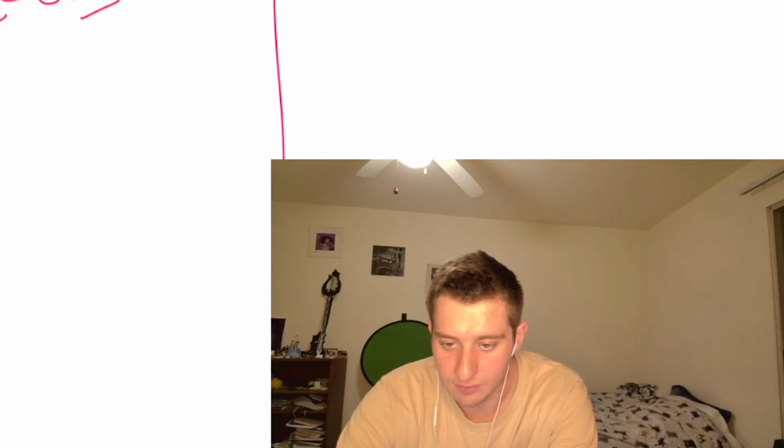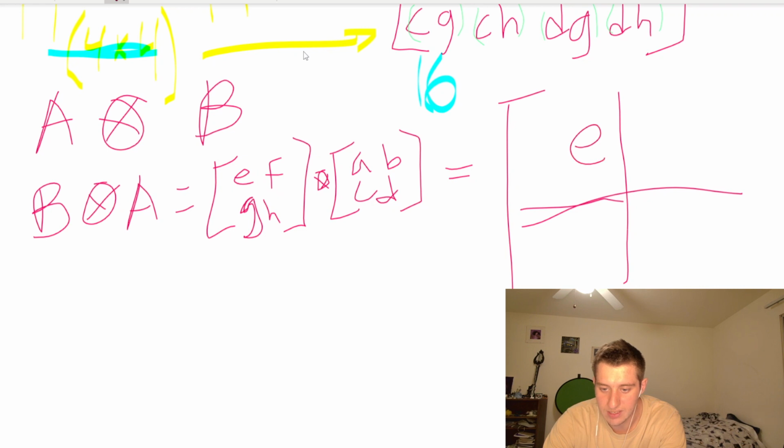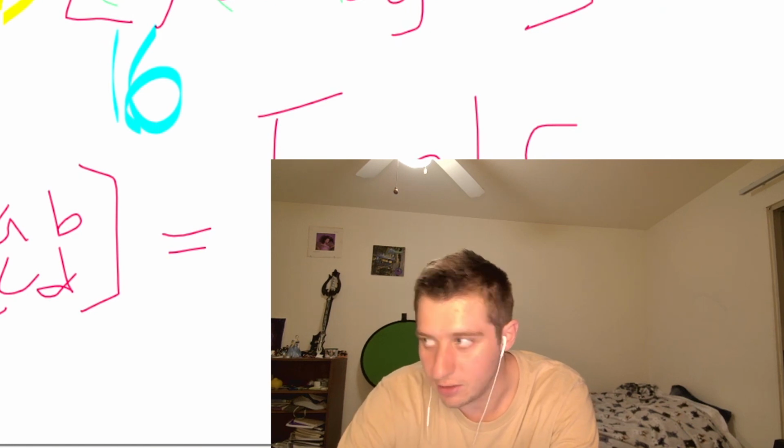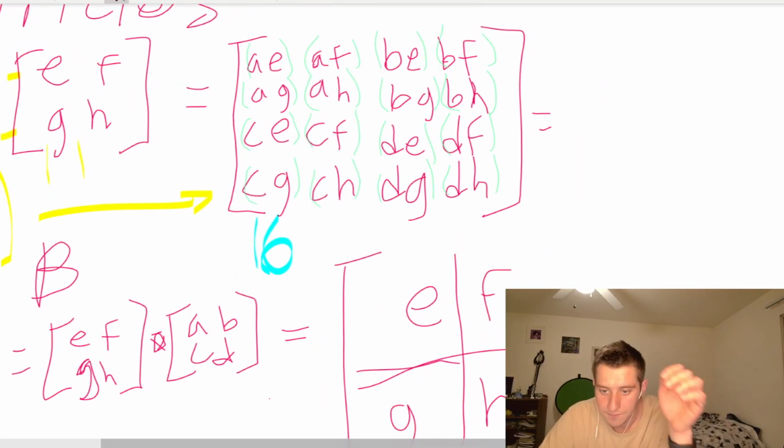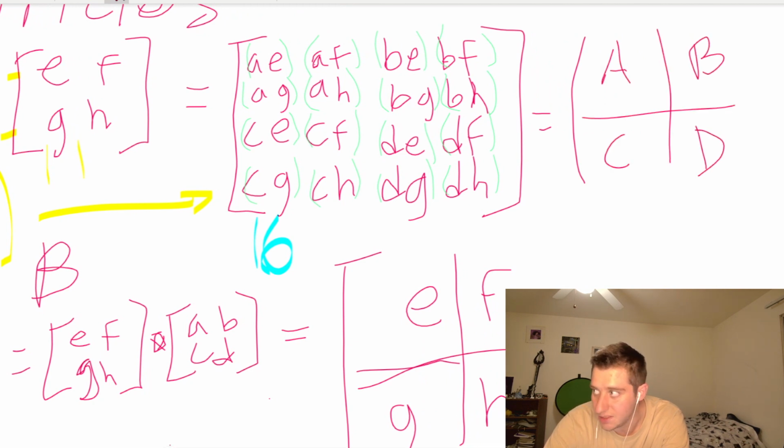Now we know that we can think of this matrix as boxes. This is the E box, this is the F box, this is the G box, and this is the H box. Because if you look up here at this matrix, you can see that there is an A box, a B box, a C box, and a D box.